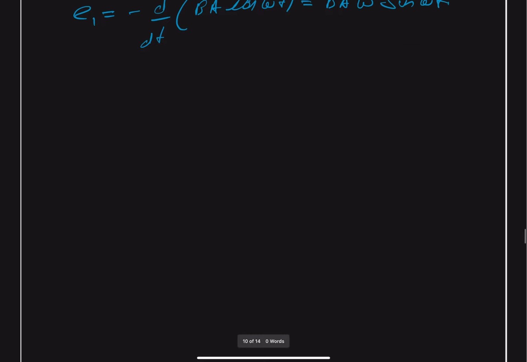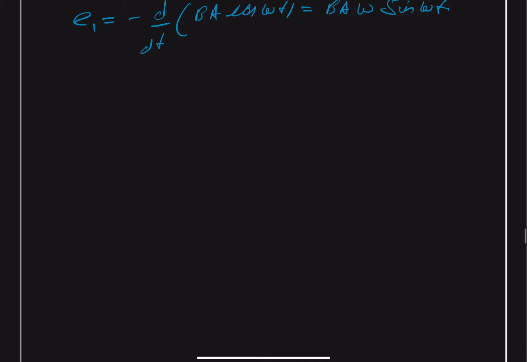Smaller loop, we get E1 is equal to minus d by dt of phi 1, which is minus d by dt of BA cos of omega t, and this comes as BA omega sine of omega t.